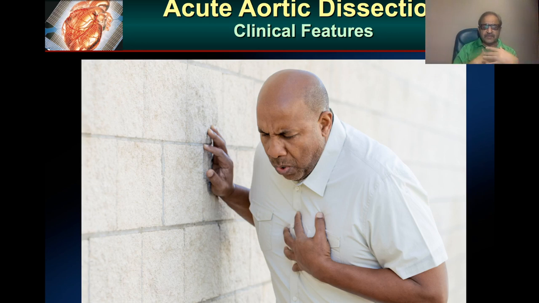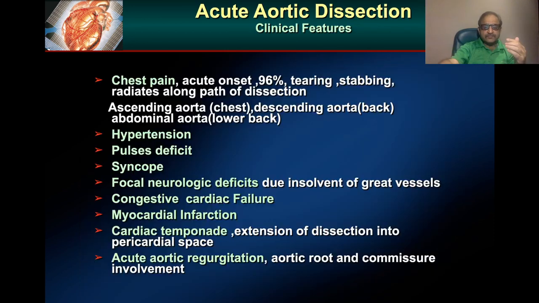This pain may remain retrosternal, may radiate to the neck, or may radiate to the back when the dissection goes along the arch of the aorta to the descending aorta. And this pain is very severe and is not relieved by sublingual nitrates. So chest pain we have discussed.